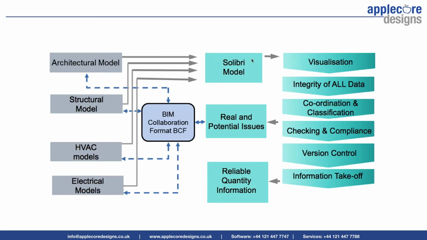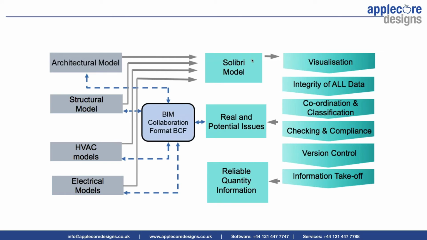But we can also check for more complex issues that are more design related. For example, we can check for maximum travel distances. It can also be checked for particular rules that are either statutory rules or practice working standards that you want to follow.